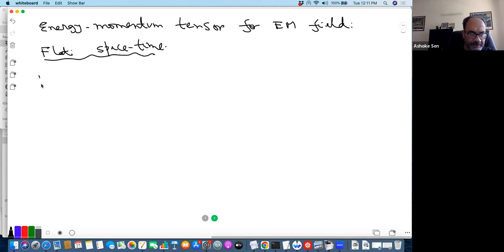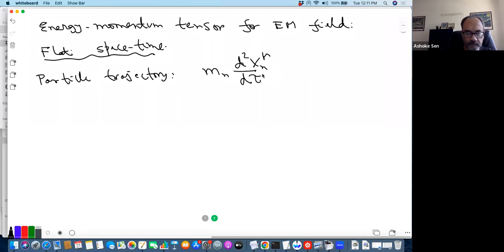So the particle trajectory follows, okay, this is the usual Lorentz force law.